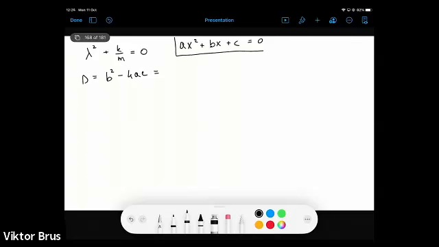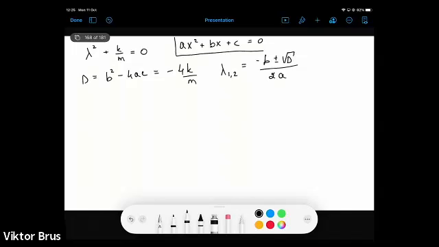So eventually, this will be minus 4k divided by m. So now we solve this with respect to lambda. For lambda, we have 1, 2: we have 2 solutions for a quadratic equation. And in general form, the solution, as you recall from your school program, is minus b plus minus the square root of the discriminant, divided by 2a.